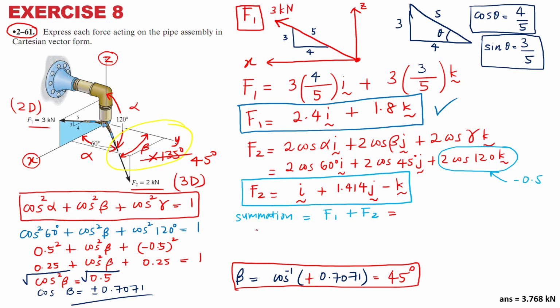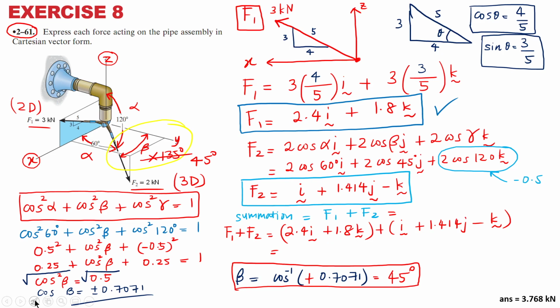Okay, let's do the summation. F1 plus F2 is 2.4 I plus 1.8 K plus I plus 1.414 J minus K. So what do you get?